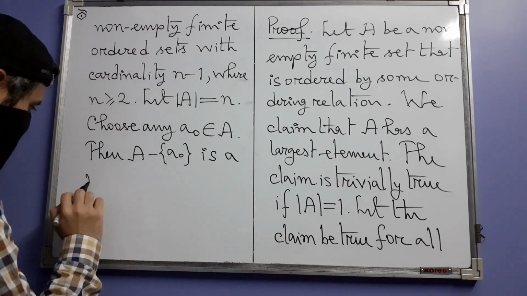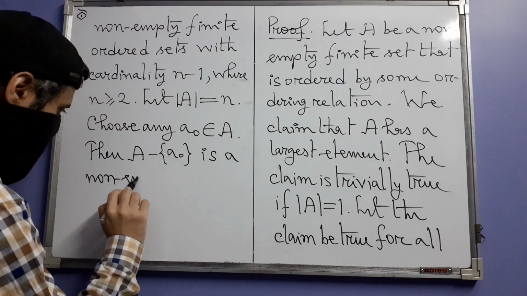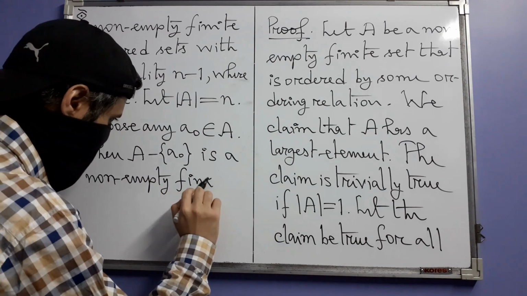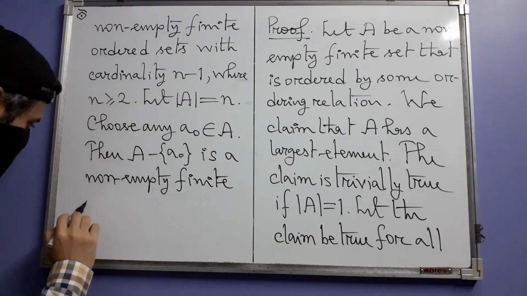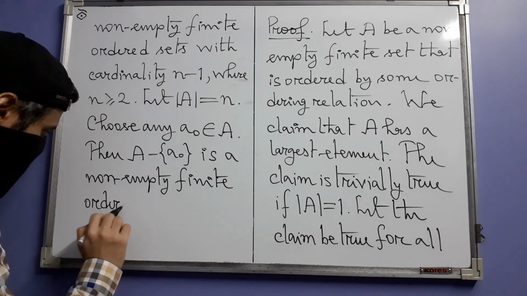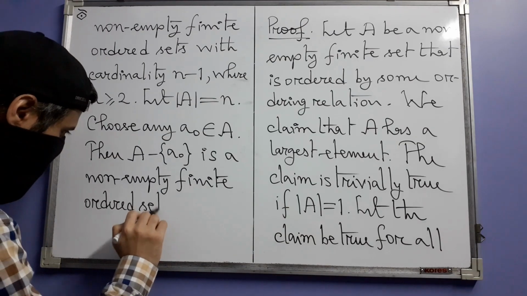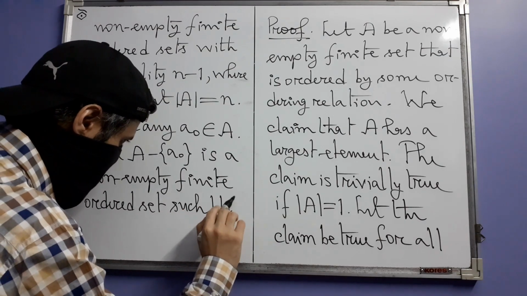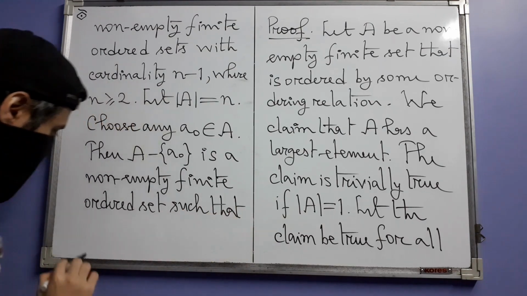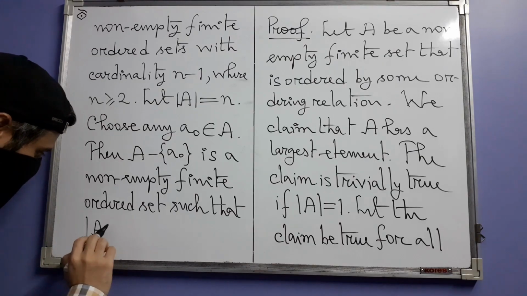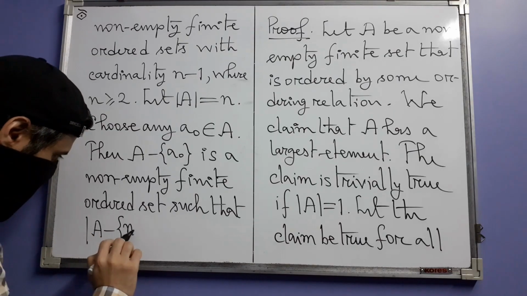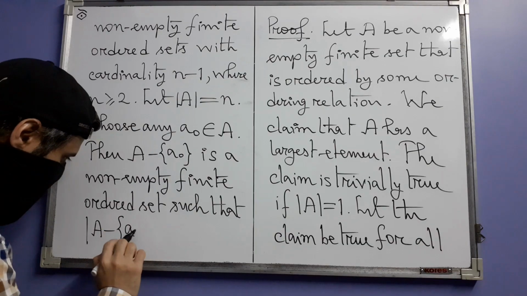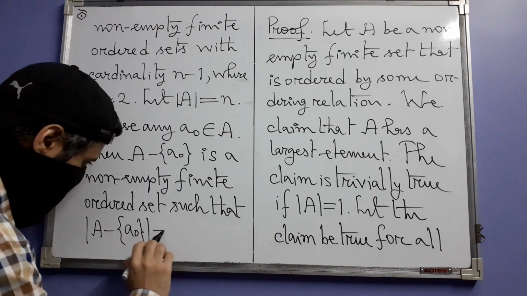So A minus A0 is a non-empty finite ordered set such that its cardinality is n minus 1.